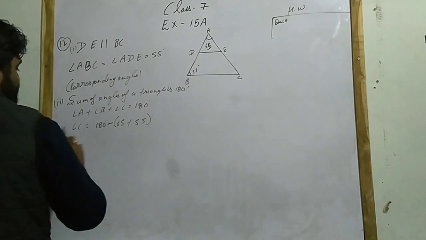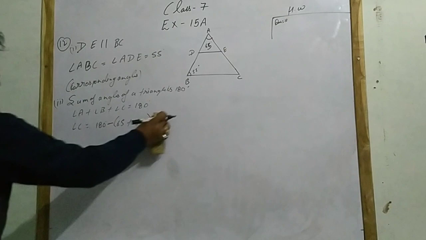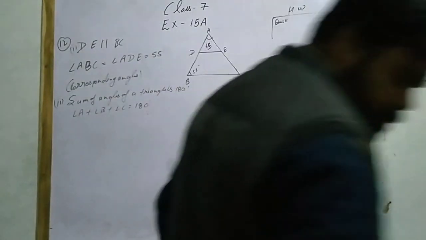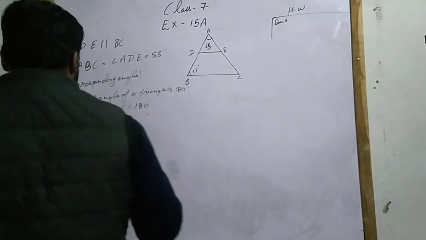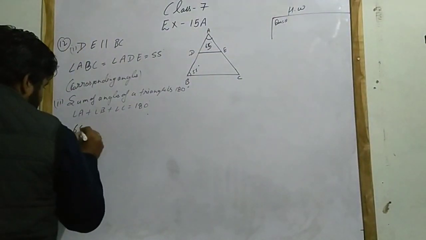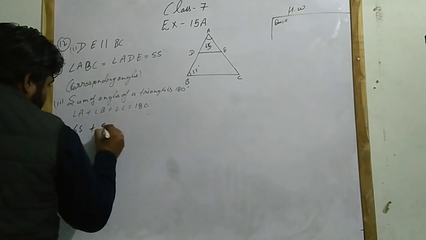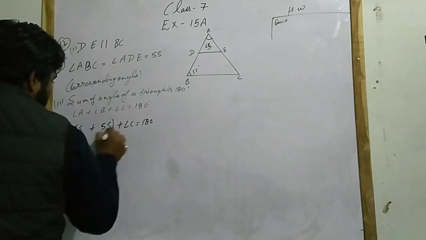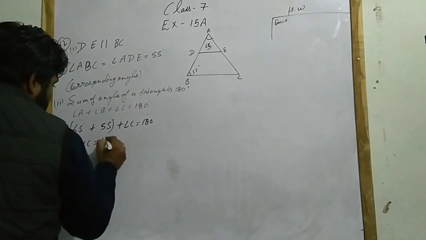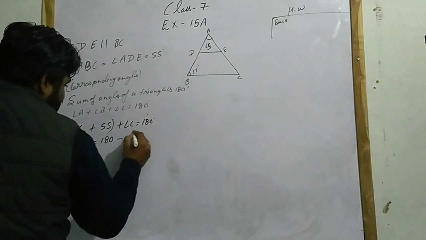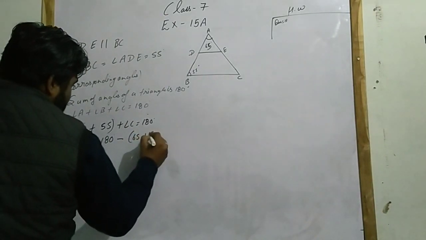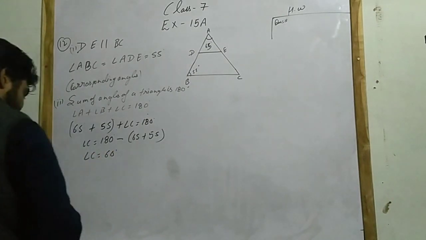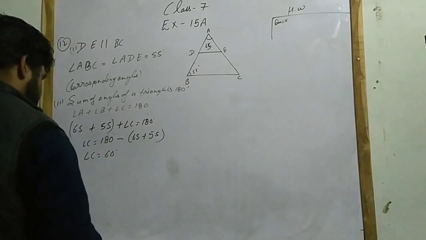Or you can write here angle A is your 65 plus angle B is your 55 plus angle C equals to 180 degree. Now angle C equals to 180 minus 65 plus 55. Angle C will be your 60 degree, right? Angle C will be your 60 degree.